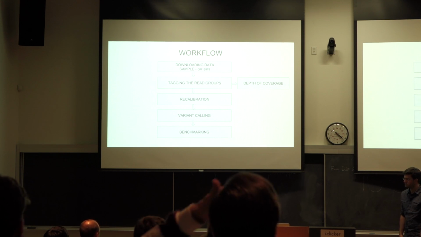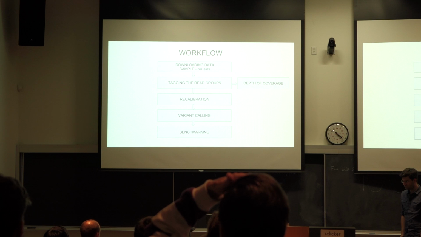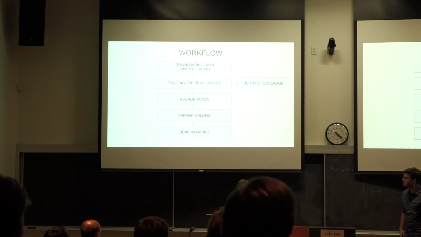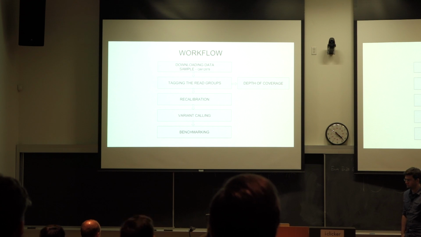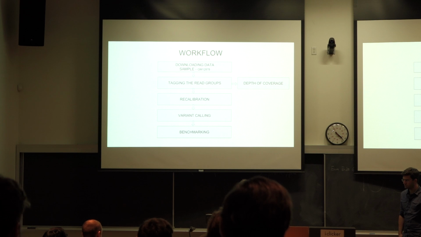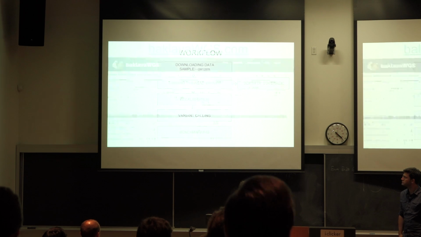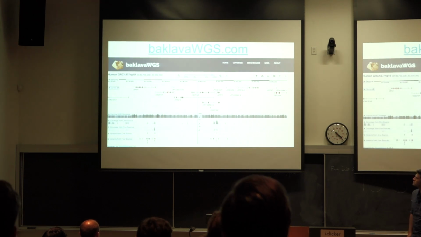Then we did base quality recalibration in order to use GATK and to reliably filter reads that are not good for variant calling. And finally, we have VCF files for different sets of tracks, and then we did some benchmarking.